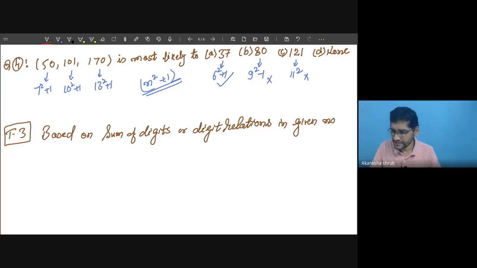So whatever the numbers given, they are following the same relation. So a similar relation you have to apply for the unknown one. So that unknown here you have to search from the option.